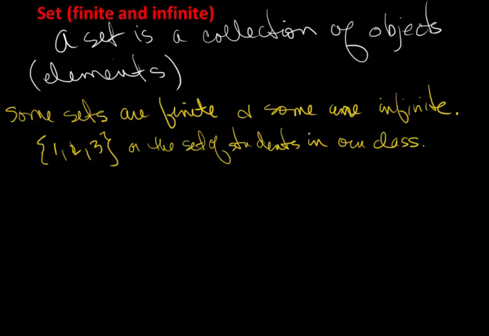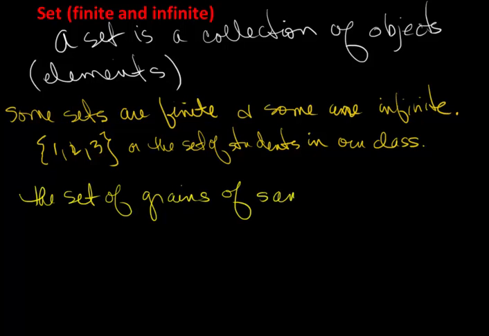Almost every set that we speak about in real life is a finite set, but some of them are too large to count, too large to know how many are in there. For example, here's another finite set. The set of grains of sand on a beach.